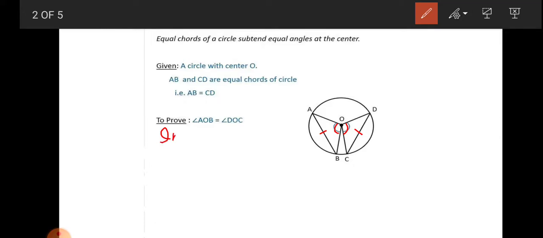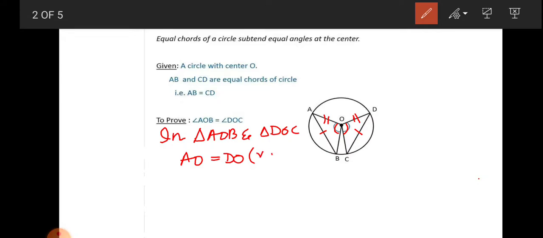To prove this, take triangle AOB and triangle DOC. Now in triangle AOB and triangle DOC, AO is equal to DO.